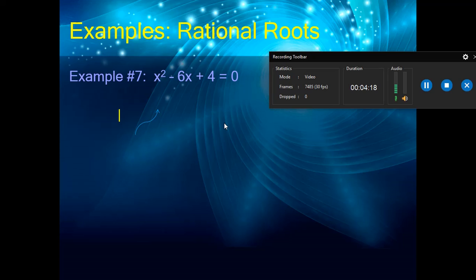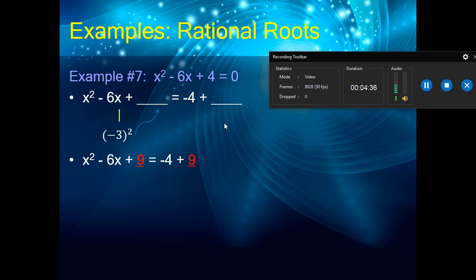Number 7 is also in standard form, so I'm going to subtract 4 to separate into two distinct sides. We're going to look at half of negative 6, which is negative 3. We'll square it and fill in and balance the equation with 9. My two identical factors are x minus 3, and the constant simplifies to 5.